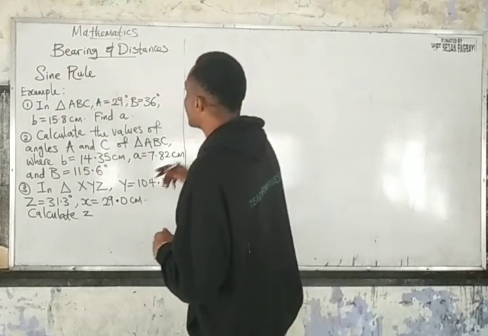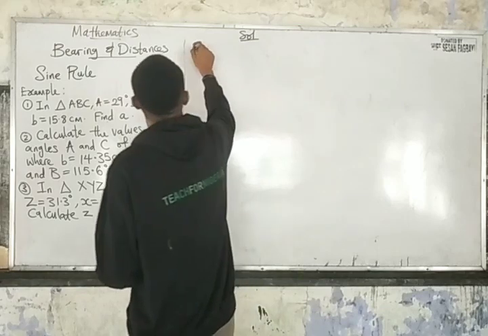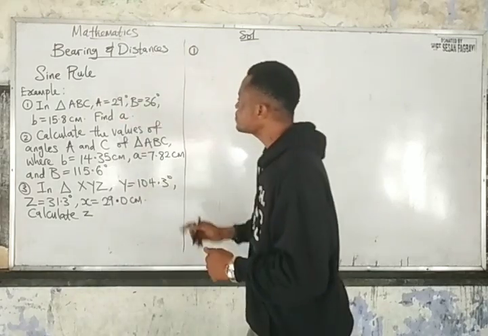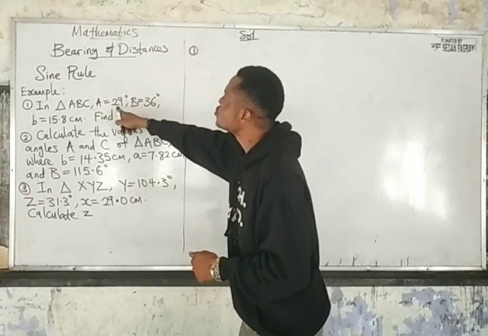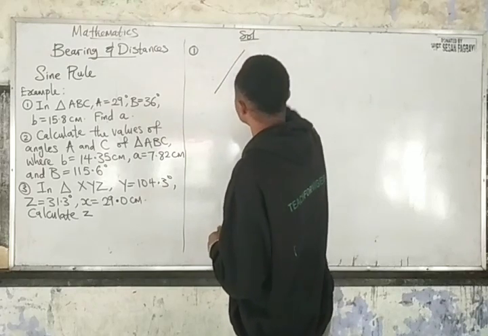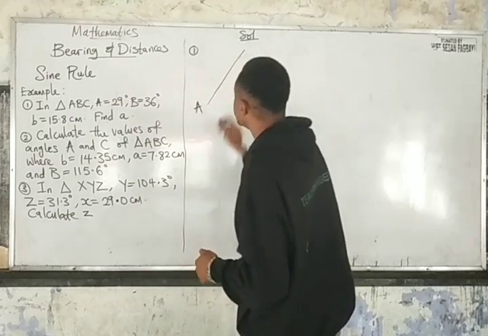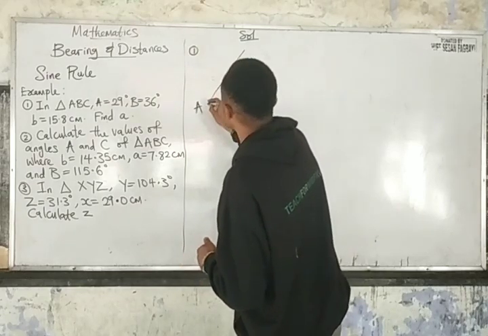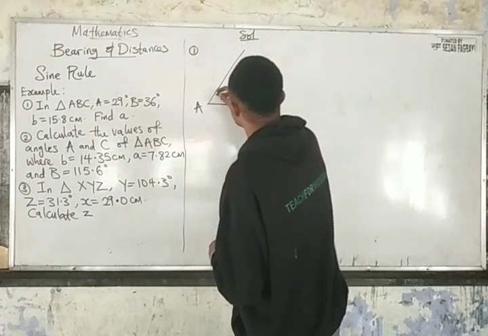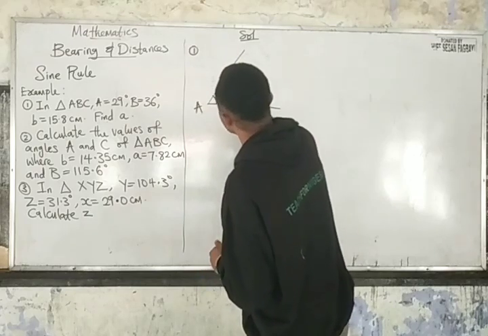Now let's get our triangle. So we have the solution, number 1. The angle A is 29. So you can just draw it whatever way you prefer. Let's say I have the A here, to be 29 degrees.